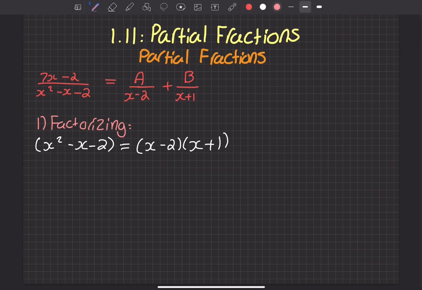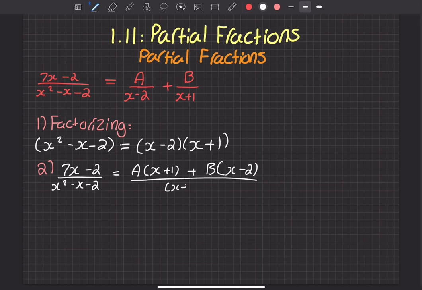Step number 2 is finding out what A and B are, right? And how do we do this? First of all, let's combine it into one fraction again. So we'll have 7x minus 2 over x squared minus x minus 2 equals A multiplied by x plus 1, plus B multiplied by x minus 2, over x plus 1, x minus 2, right?